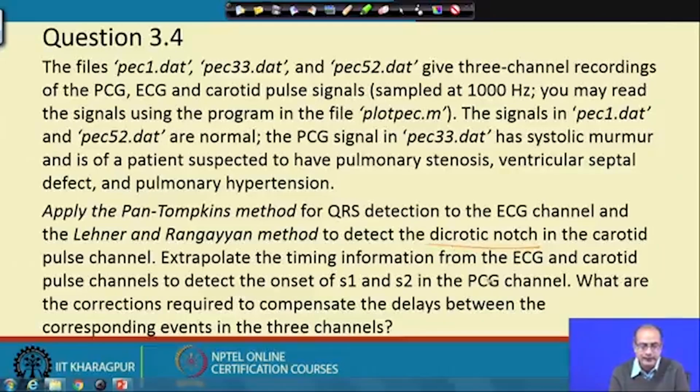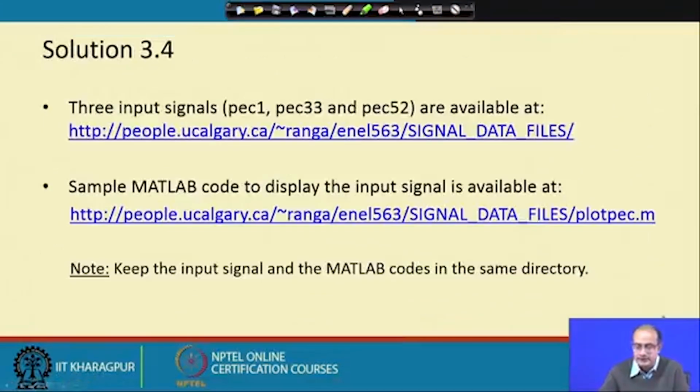For that the Lehner and Rangayyan method is used, and these two help to find out the onset of S1 and S2 in the PCG channel, and there will be some delay in this process. So, how do we compensate for the delay? That is the exercise given to us.